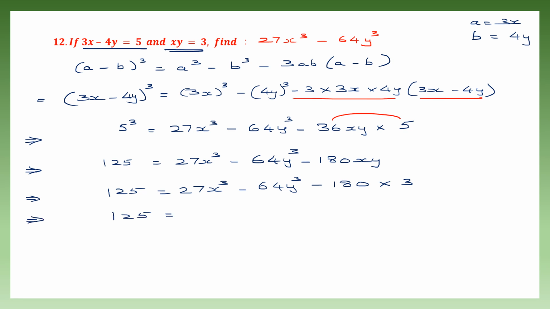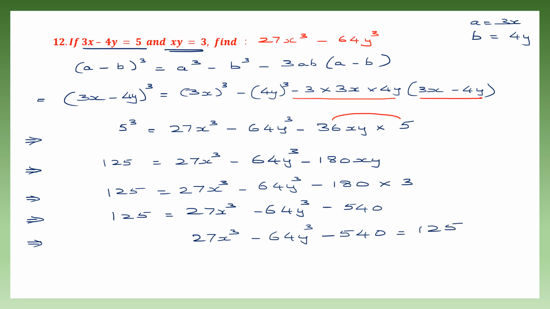So let's continue. 125 is equal to 27x to the power of 3 minus 64y to the power of 3 minus 540. Now here, since we have to find this, that is 27x cube minus 64y cube, this is what we have to find out, isn't it? So here now I'm going to write only this: 27x cube minus 64y cube is equal to 125 plus 540.